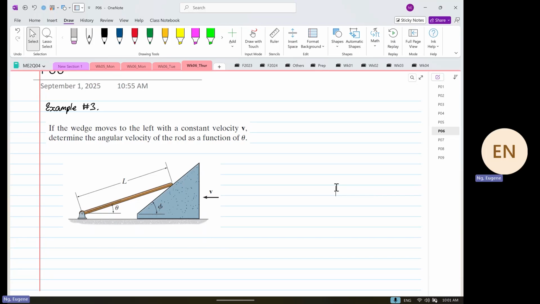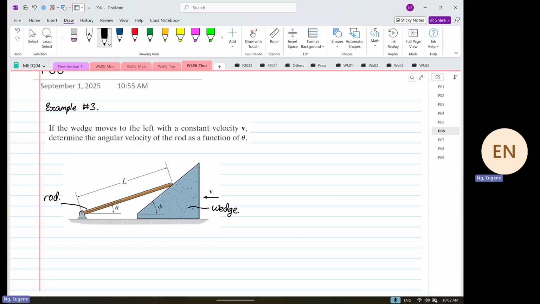As I said, this is not a straightforward problem. So what we have to determine is omega of the rod. So this is our rod. The block over here, or the wedge, is moving towards the left.